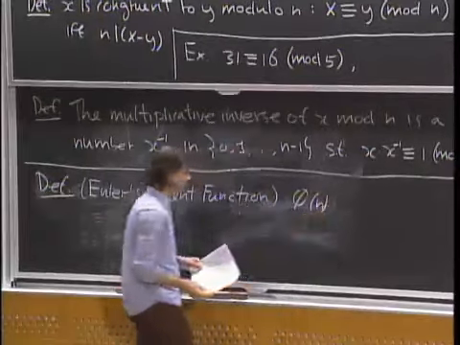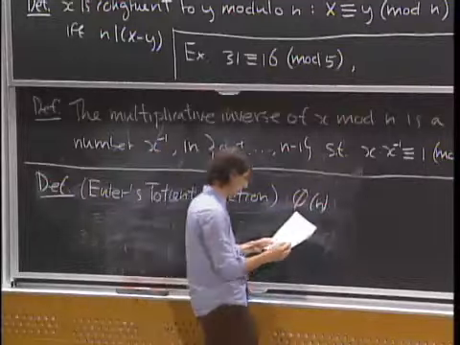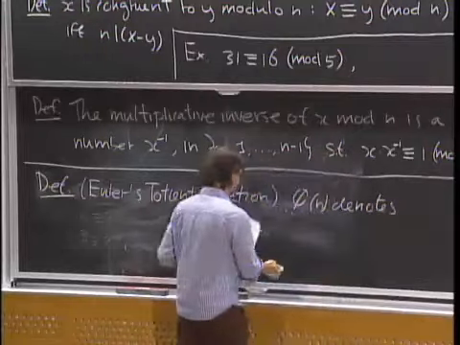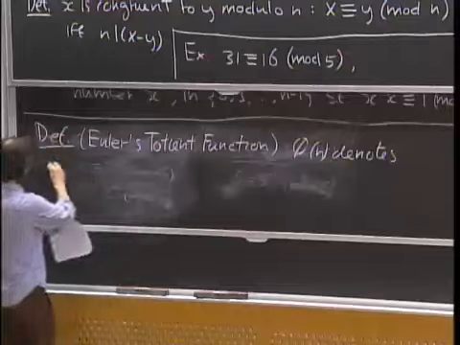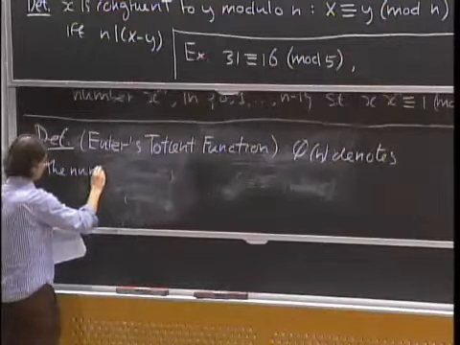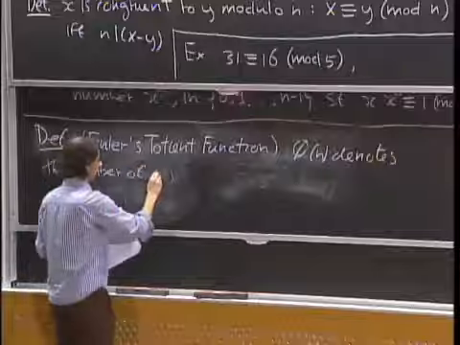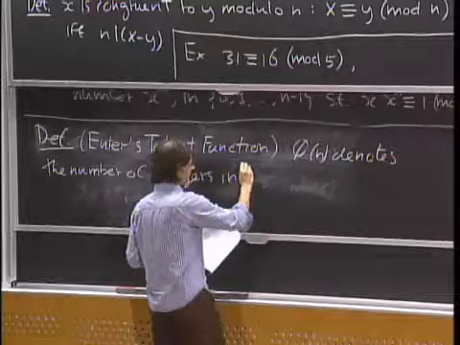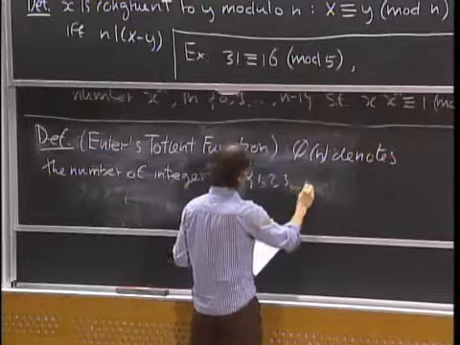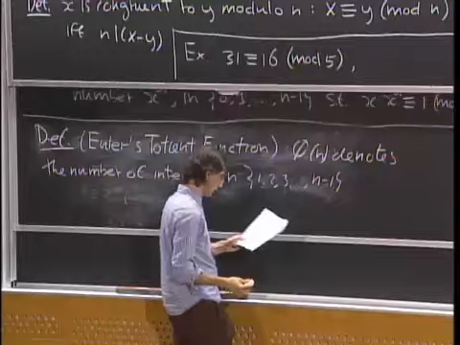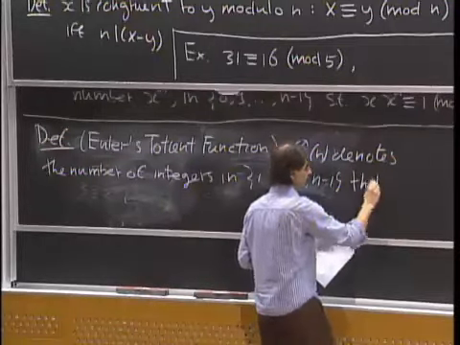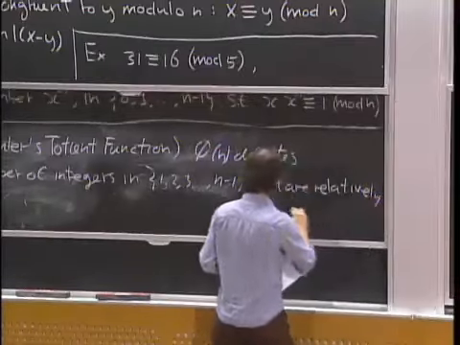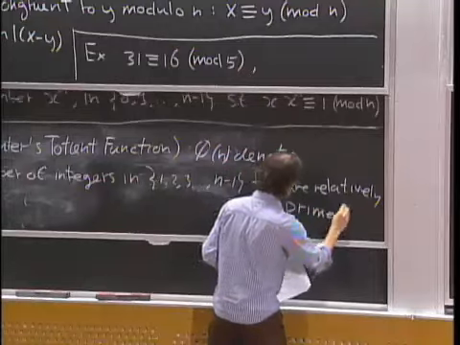This function is denoted by phi of n, and it denotes the number of integers in 1, 2, 3, all the way up to n minus 1 that are relatively prime to n.